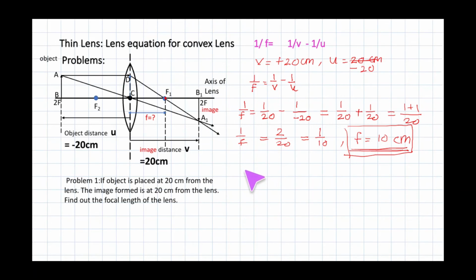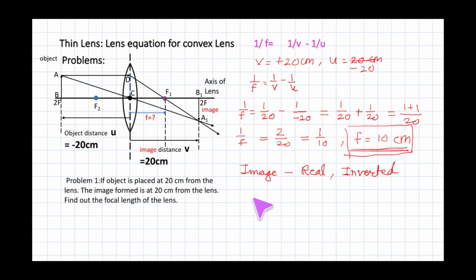So when we talk about the image, it is real because it is to the right of the convex lens. Second thing, real image is inverted. And the third important thing is the size of the image.